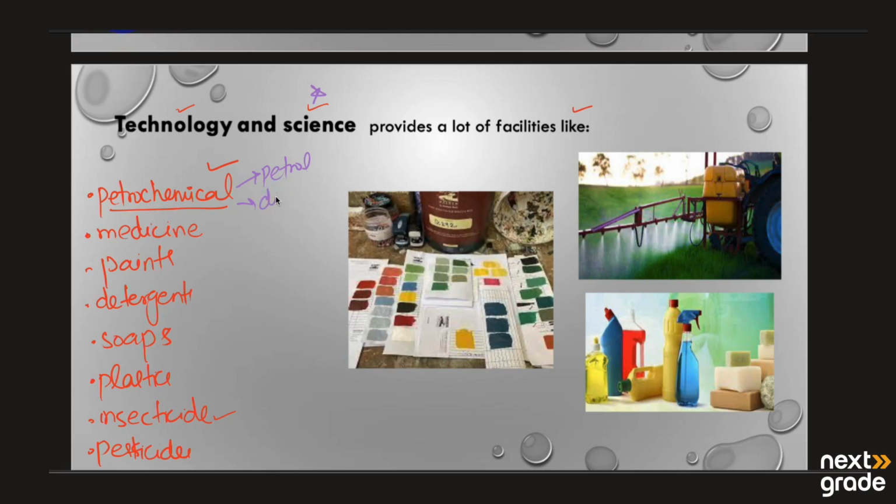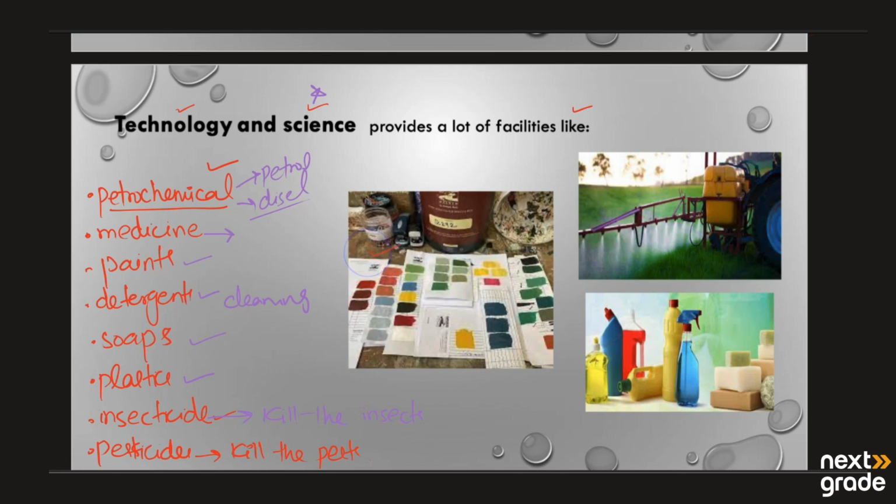We have medicines to cure many diseases, paints, detergents for cleaning, soaps, plastics, and insecticides. Insecticides are chemicals used to kill insects. On the other hand, pesticides are chemicals used to kill pests. So all these are the blessings of chemistry.